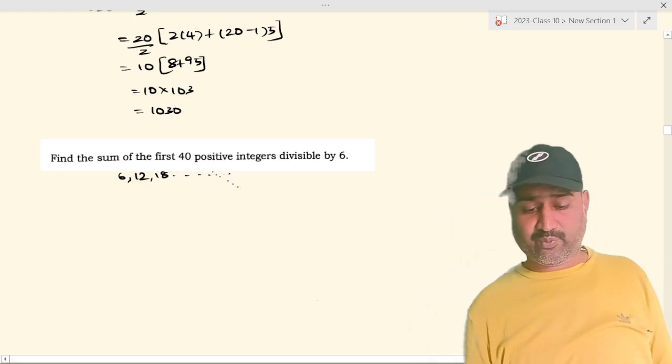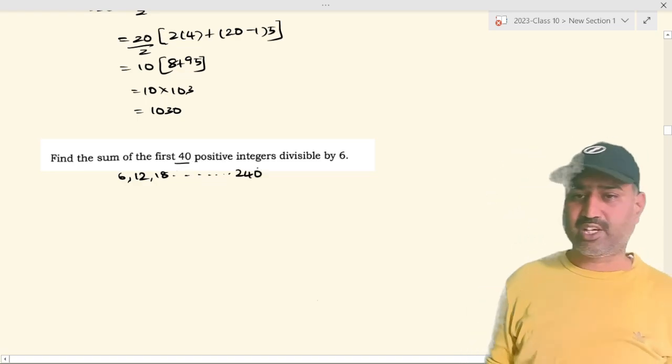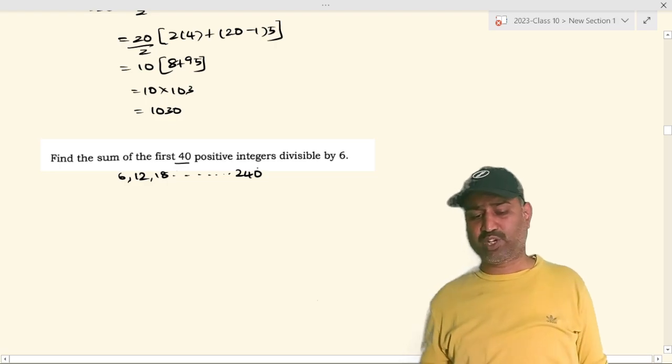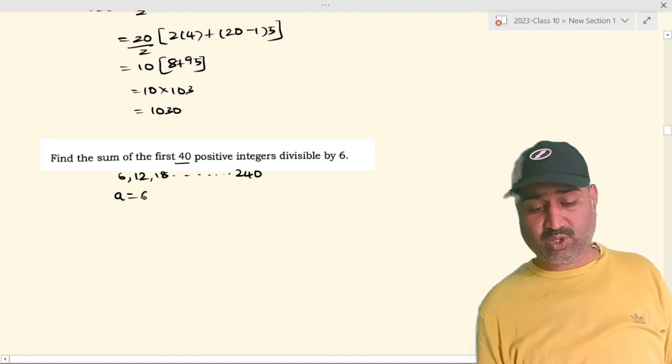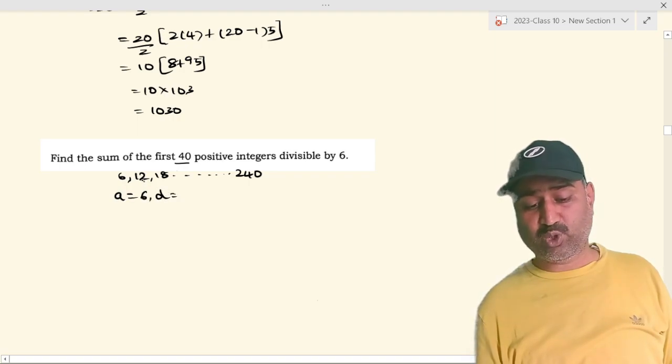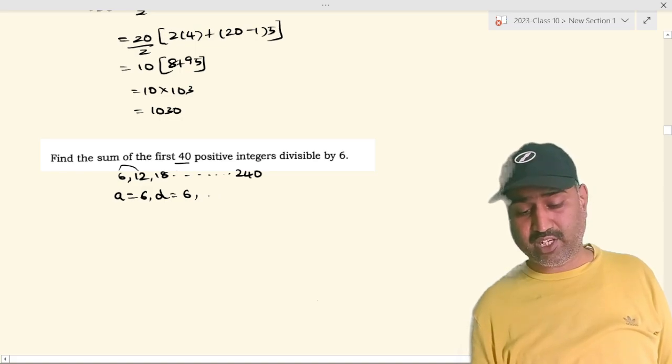You can take the 40th term as 40 into 6, which is 240. Therefore, A is equal to 6, the common difference is 12 minus 6, which is 6, and the last term L is equal to 240.